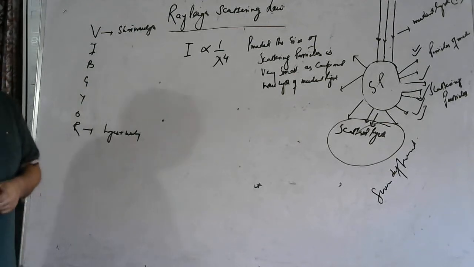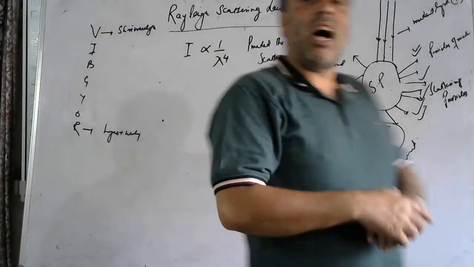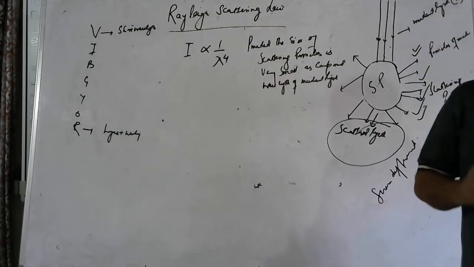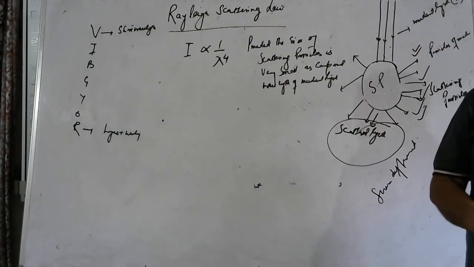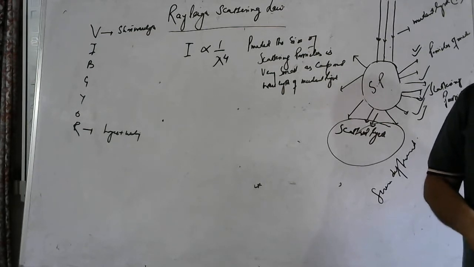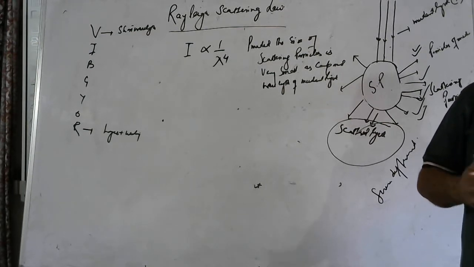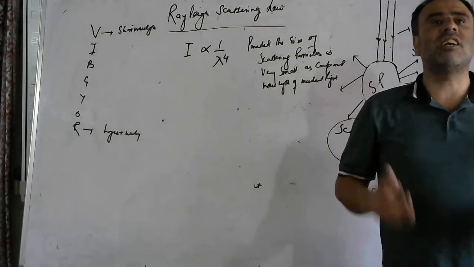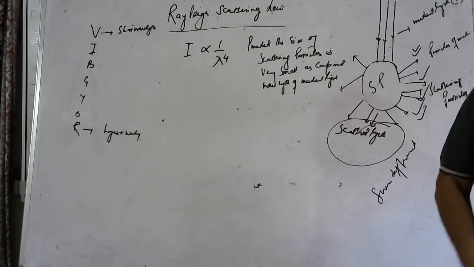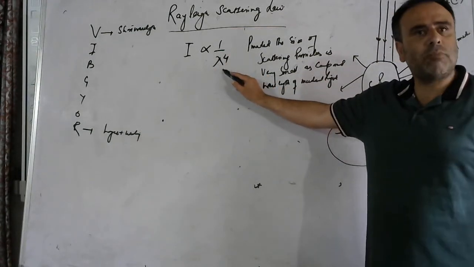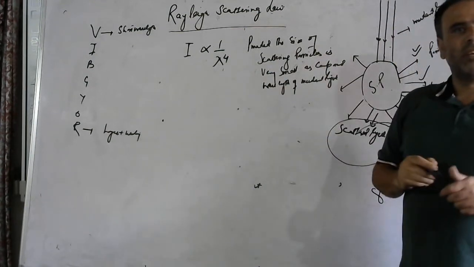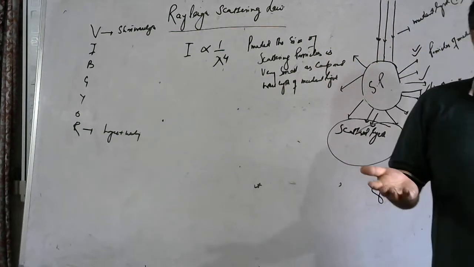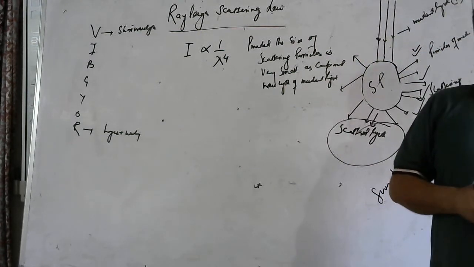Now, from this Rayleigh scattering law we can explain that the 7 colors in this white light, which have 7 different wavelengths, will get scattered by different amounts. Since I is inversely proportional to lambda raised to power 4, the scattering intensity of the different colors present in sunlight will be different.